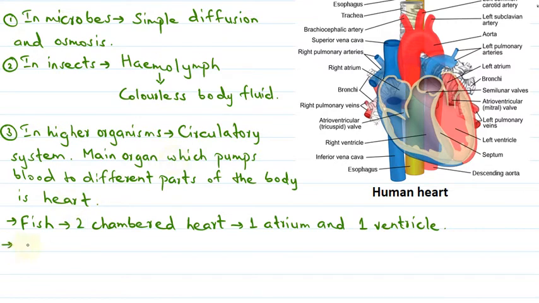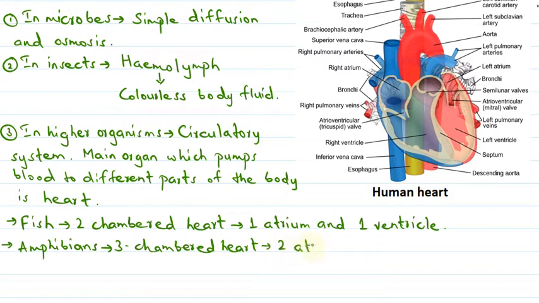Then let's see what happens in case of amphibians. Amphibians have three-chambered heart, unlike in case of fishes. So in three-chambered heart, there are two atria and one ventricle.